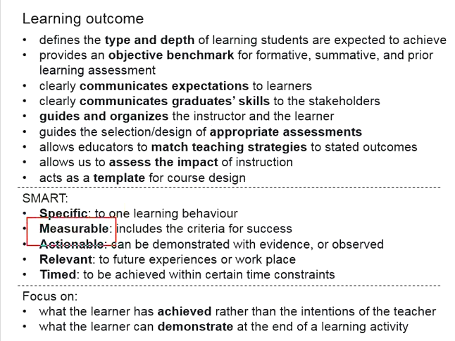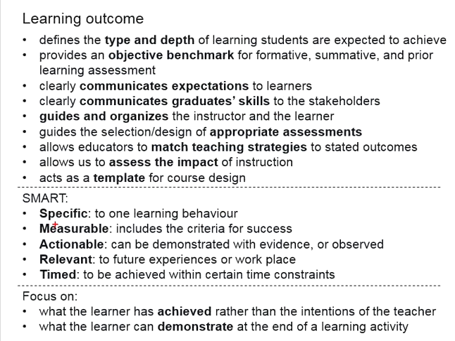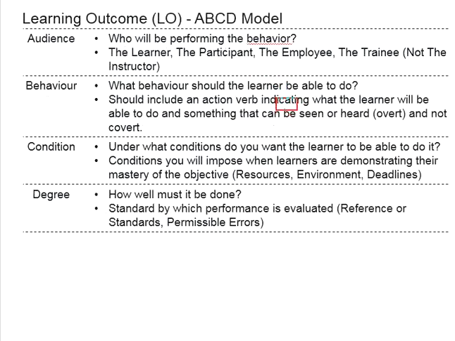We want it to be measurable, which in this case, we are talking about 5 principles. There is a quantity in terms of the amount of behavior required from the students. Next, we want it to be actionable, and it should be something that can be observed.